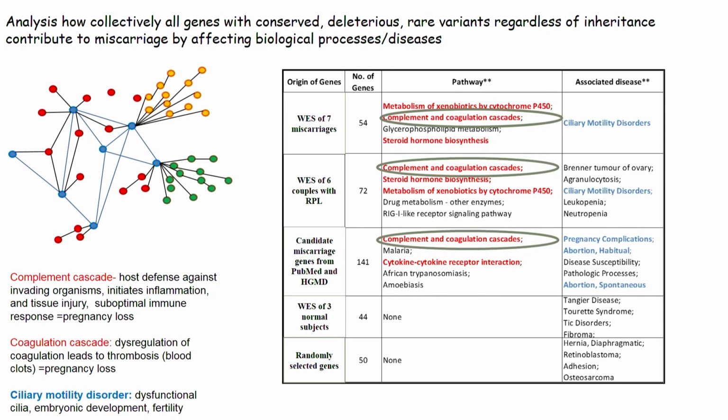So the top pathway is the complement and coagulation cascade pathway, and then the diseases, not unexpectedly, are abortion, habitual, and spontaneous, and pregnancy complications, because these 140 genes were selected specifically to be associated with pregnancy loss.